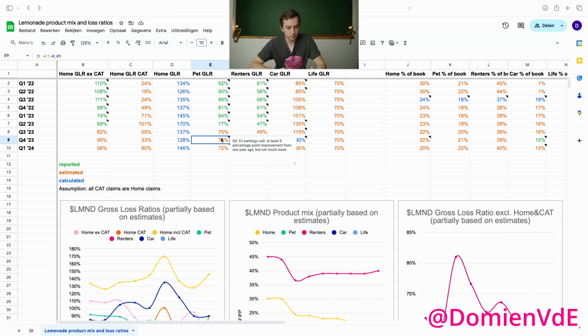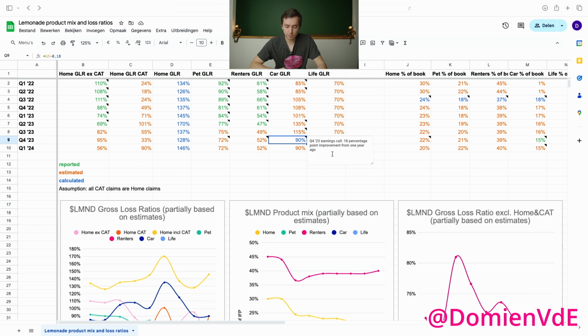So 1 year ago we were here at 81%, this was reported. So here we are just improving it by 9 percentage points. The same goes for the renter's insurance. Again, they said it was a 9 percentage point improvement from 1 year ago, but not much more. So 1 year ago we were at 61%, now we are at 52%.